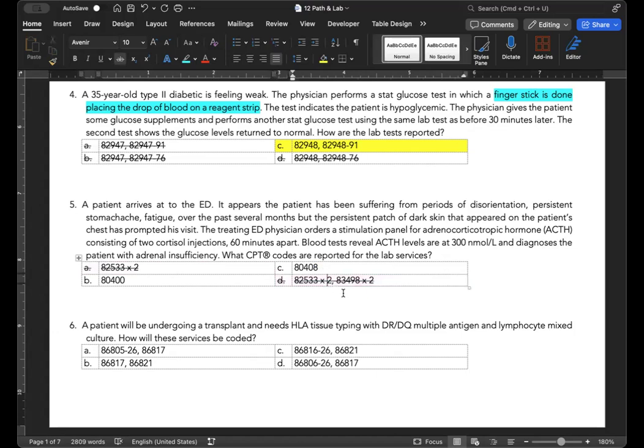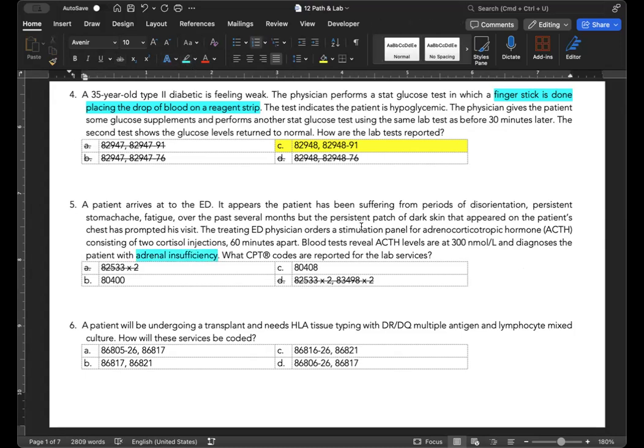Okay. So now let's go look at the 80400 and the 80408 because those are going to be pretty close to each other. It's the 400. Yep. The 80400 is the ACTH stimulation panel for the adrenal insufficiency.